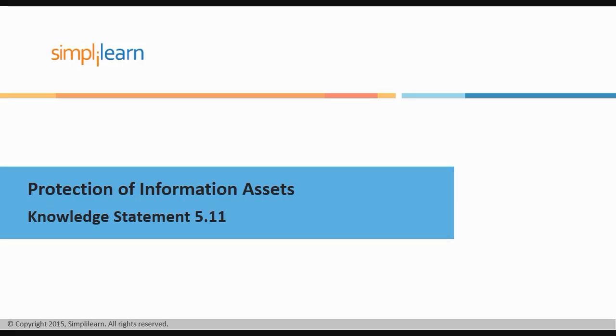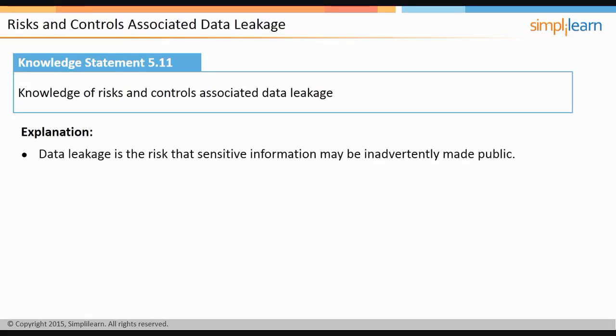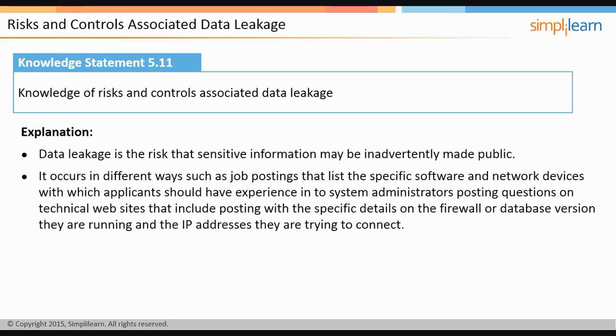Let us discuss risks and controls associated with data leakage in the next screen. Data leakage is the risk that sensitive information may be inadvertently made public. It occurs in different ways, such as job postings that list the specific software and network devices with which applicants should have experience, to system administrators posting questions on technical websites that include specific details on the firewall or database version they are running and the IP addresses they are trying to connect.